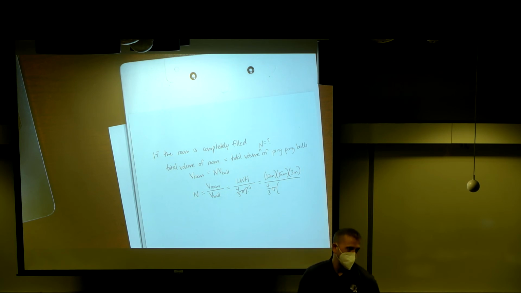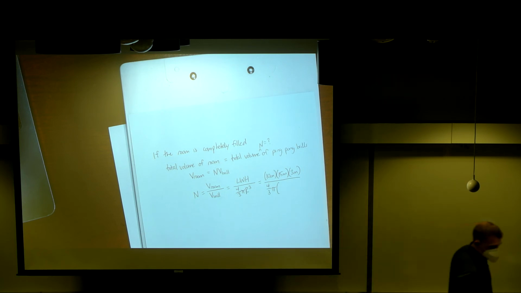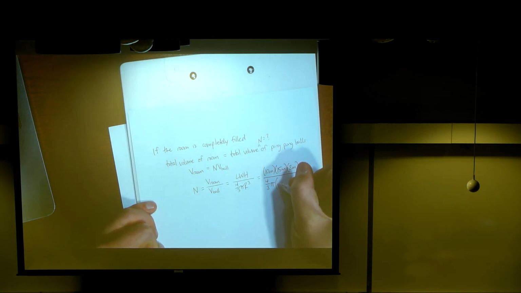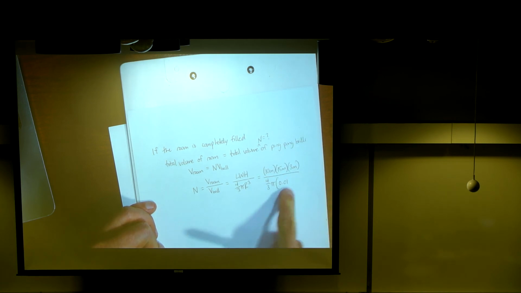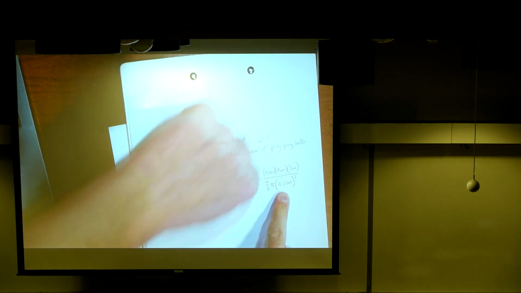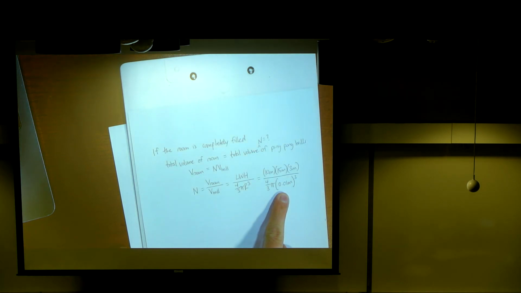Centimeter? Centimeter sounds good. Let's do that. Again, just trying to get in the right ballpark, right? So a centimeter is 0.01 meters, isn't it? So I'm going to take that and cube it, because I need my units to be consistent so they can cancel out. Okay?